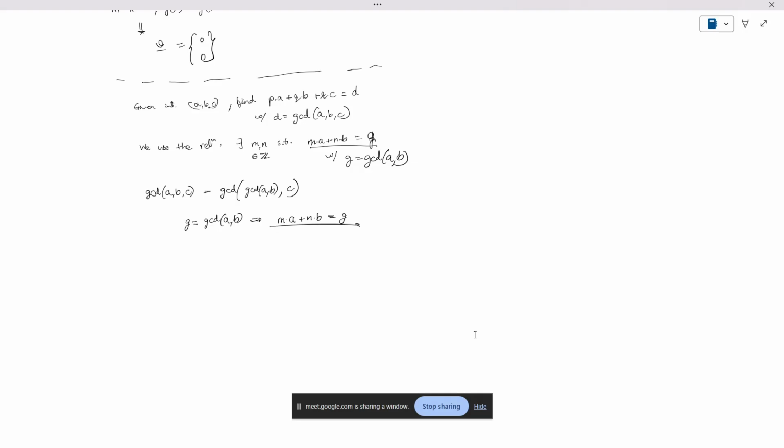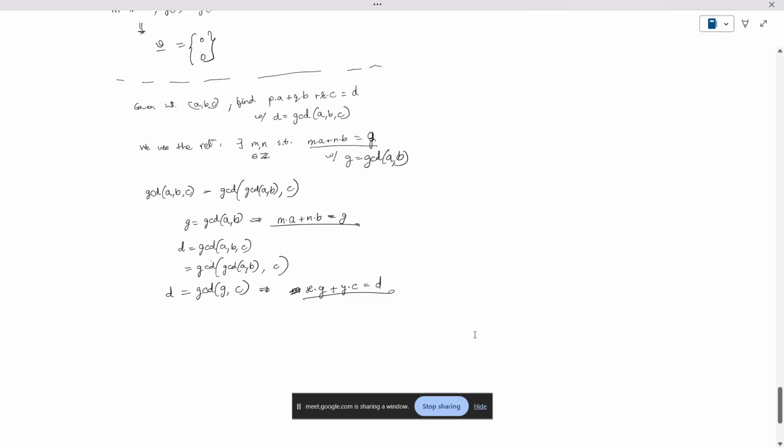The next statement is D equals GCD of A, B, C, which is the same as GCD of G comma C. So from this we can write X into G plus Y into C equals D. These are the two relations that we have.